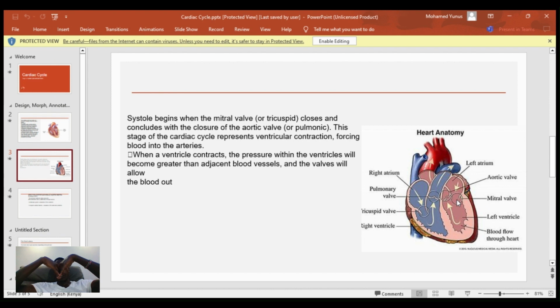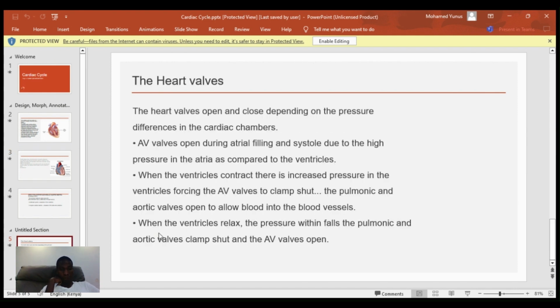When there's an increase in pressure, they will shut, like closing. And when there's an increase in pressure in the atria, they will open. You see, that's how they move. That will happen when there's an increase in pressure in the right atrium and the left atrium.